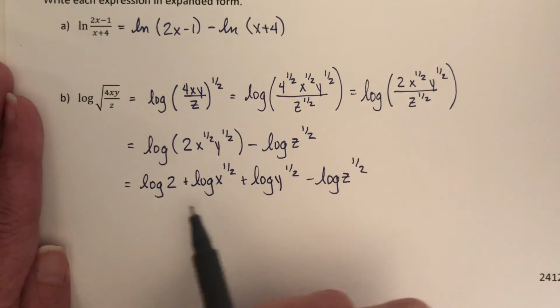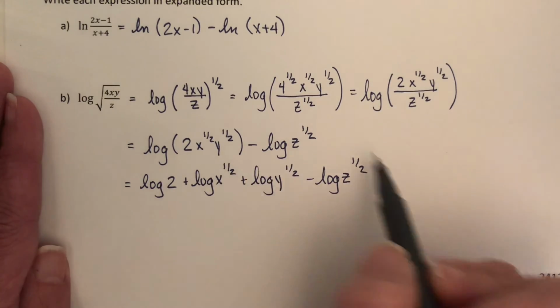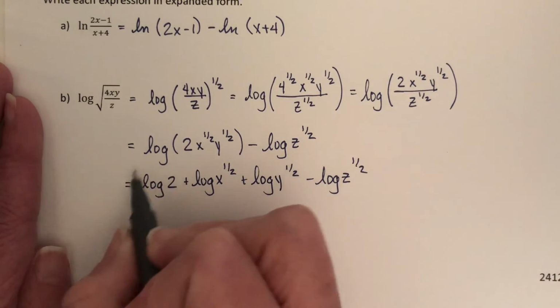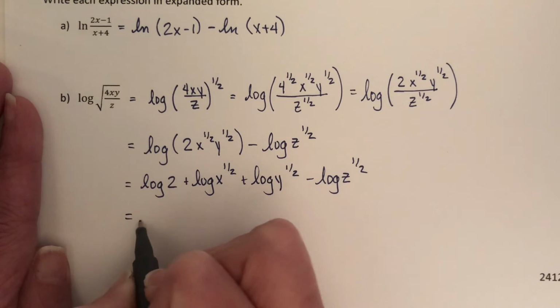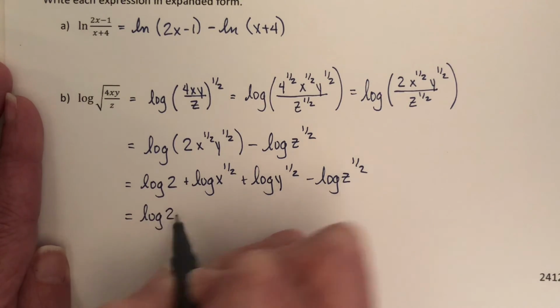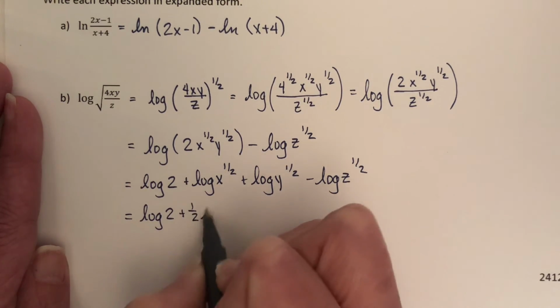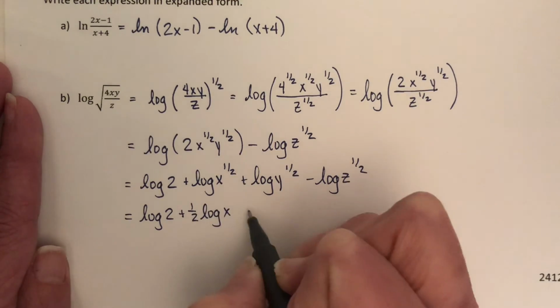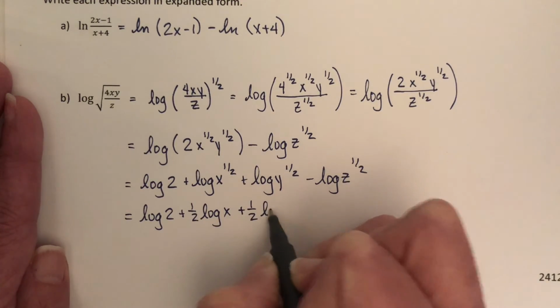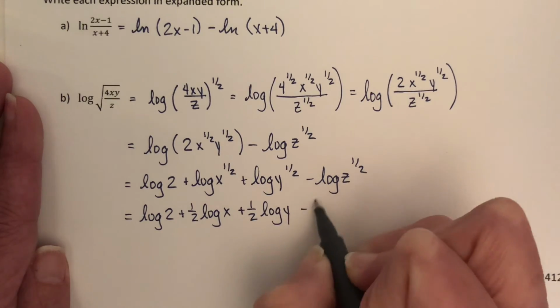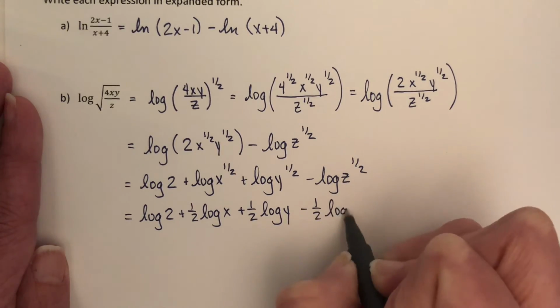And now the last thing we need to do is to take all of these exponents and move them down into the front. This doesn't simplify any further. So I have log of 2 plus 1/2 log x plus 1/2 log y minus 1/2 log of z.